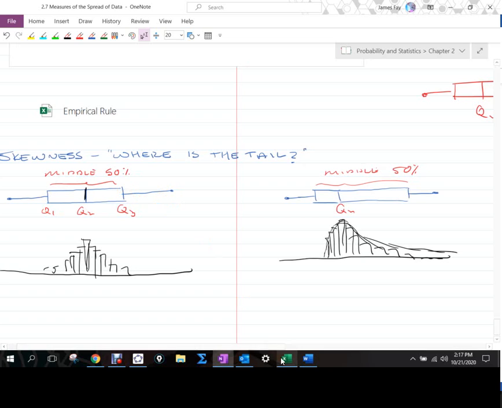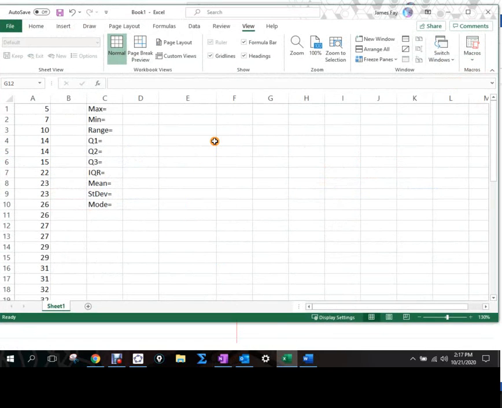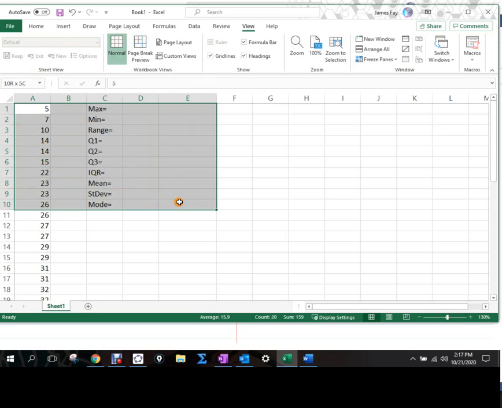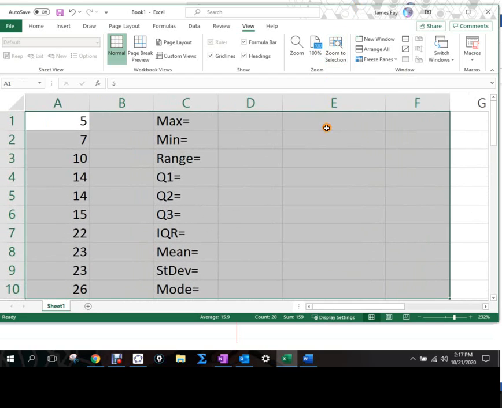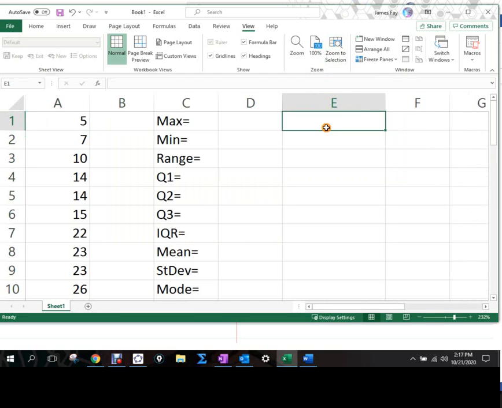Another thing, and I didn't really pay a whole lot of attention to this when I was making my first initial video, has to do with the function that Excel uses to determine a quartile.